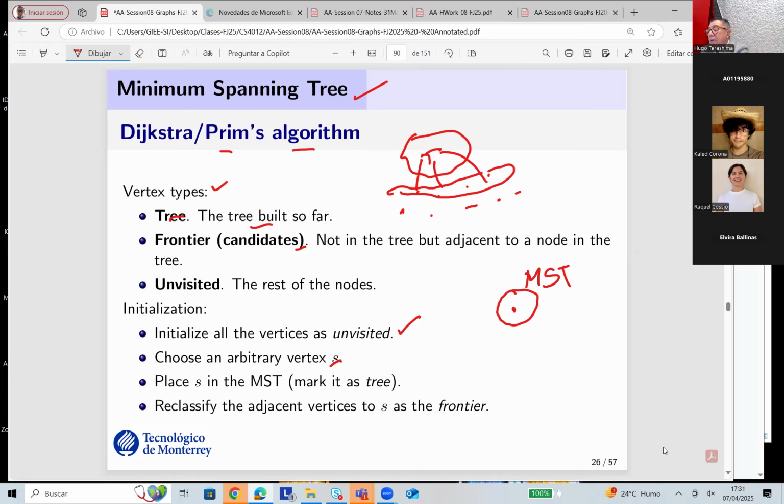And then reclassify the adjacent vertices as frontier. So choose the nodes connected to this S, and they are the frontier vertices, right? And there are several that are frontier, and these are unvisited, right?